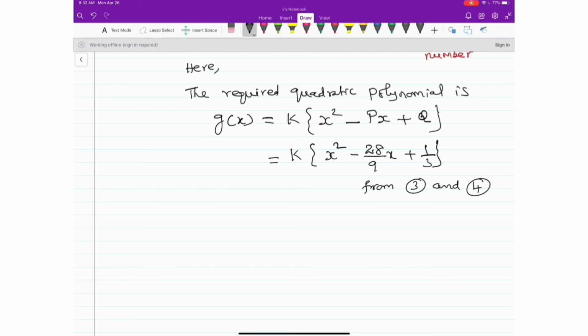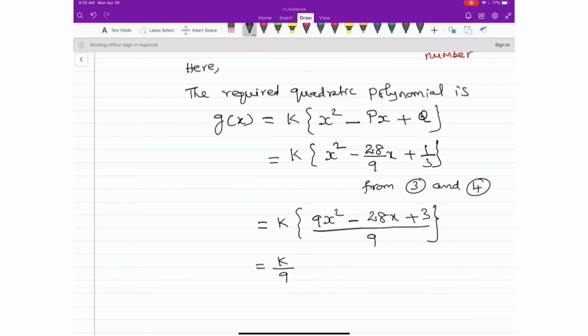This can be simplified as, let me take 9 as LCM. So 9x square minus 28x plus 3 by 9. 9 can be taken out.